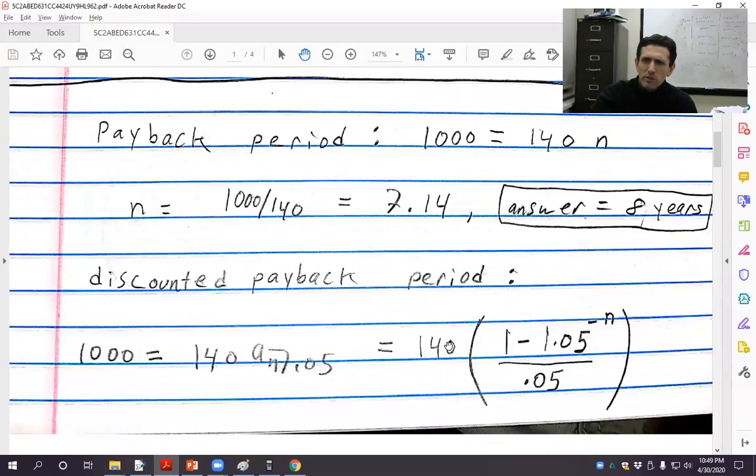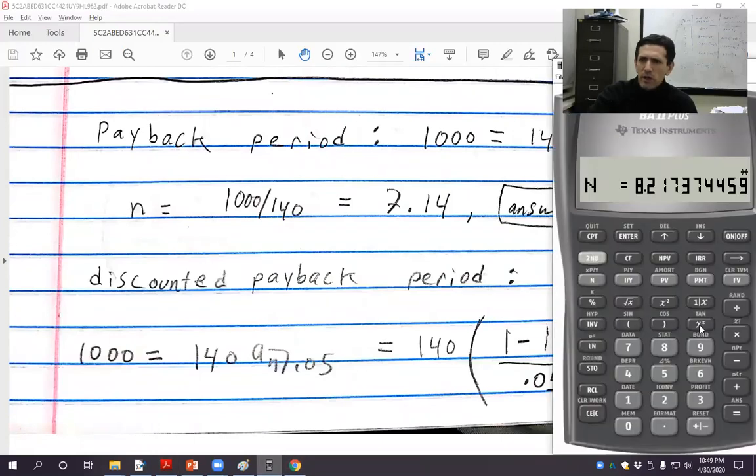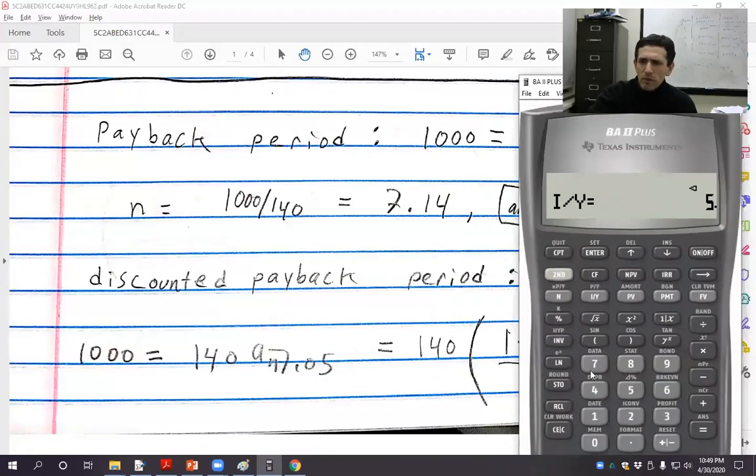One second. What did I enter? 5 interest. Let me do that again. Not sure what I did wrong there. 5 interest, 1,000 present value, 140 payment. Compute.